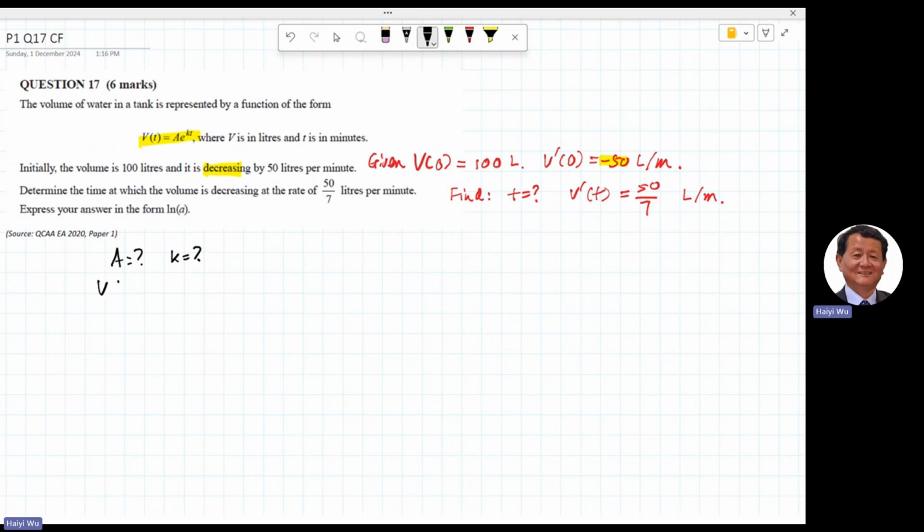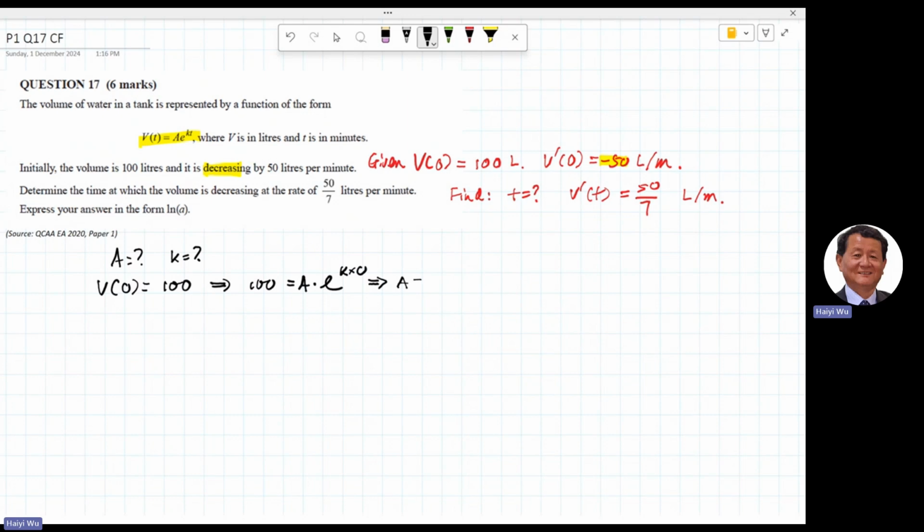First, we know V(t). Let's substitute V(0) into the formula, which we know is 100. So when the time is initial, 100 equals A times e to the power of k times 0, and that's a 1.